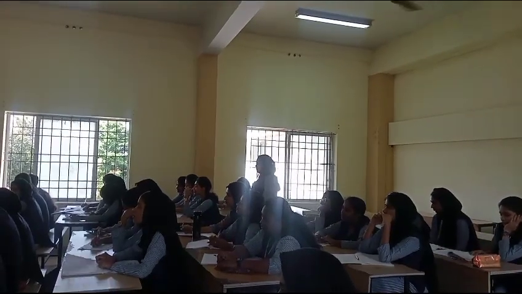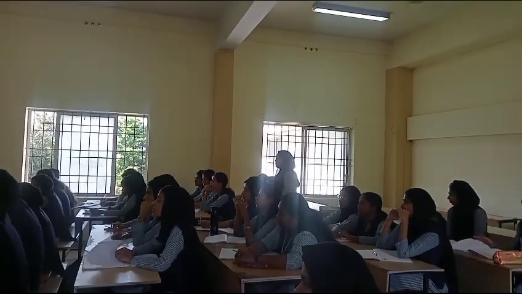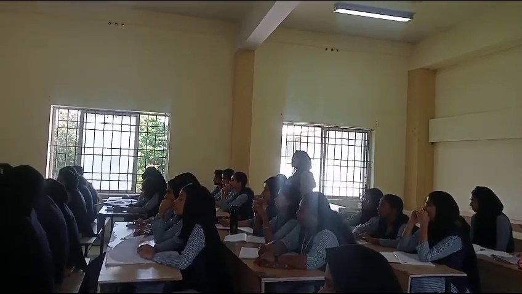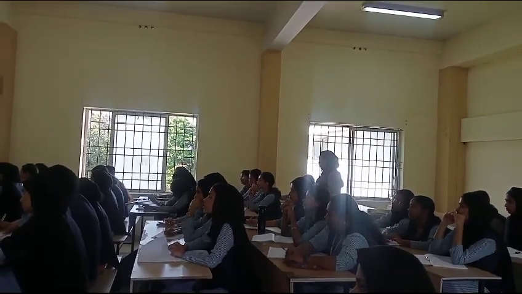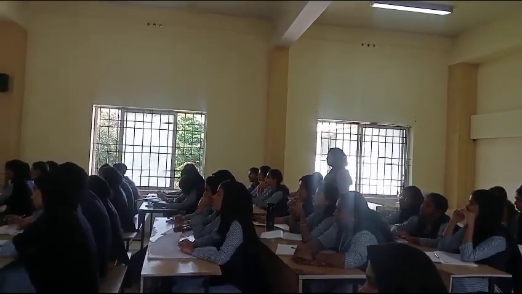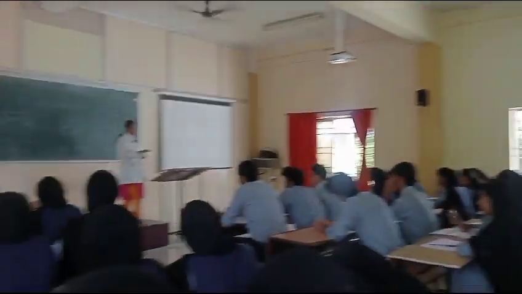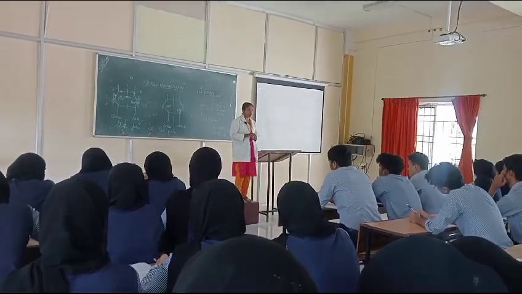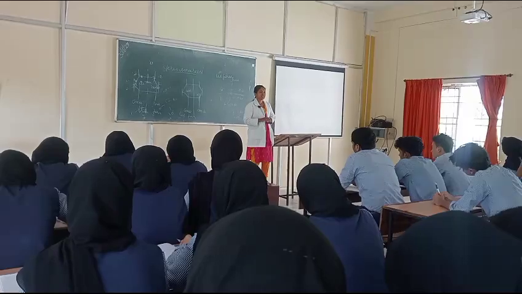Where does it come under optical activity? What do you mean by optically active compounds? What is optical activity? Compounds which, when plane polarized light is passed through them, produce different rotation to the right side and left side are optically active compounds, and the phenomenon is known as optical activity.